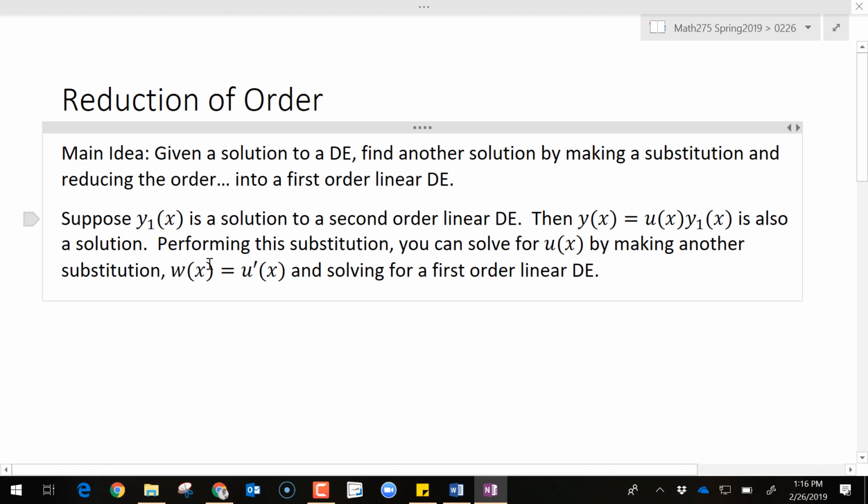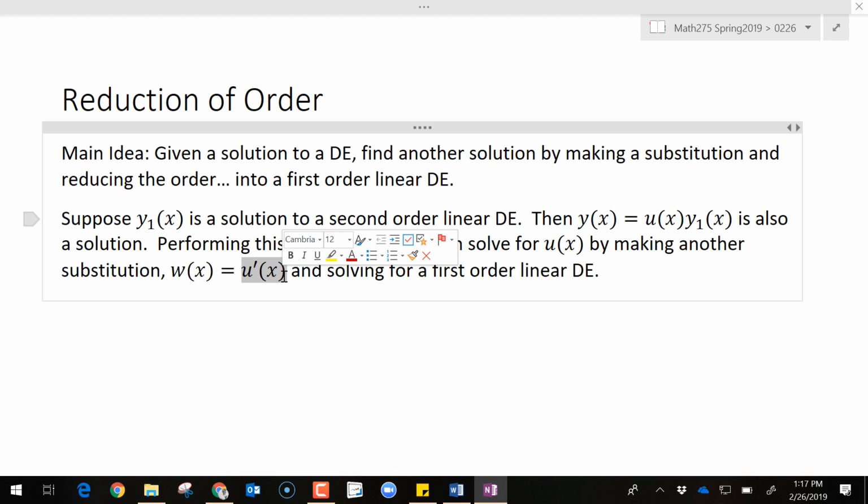The reduction of order says that if you have one solution, then your second solution is just going to be the first solution times some unknown function, which we will find. And so if we do the substitution, we're going to get a differential equation with a u in it, and then it's all going to work out. I don't know. I hope.